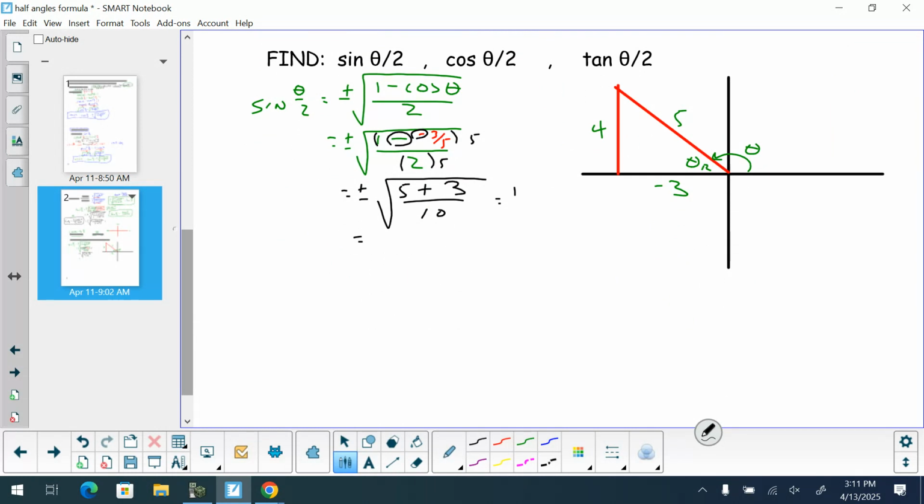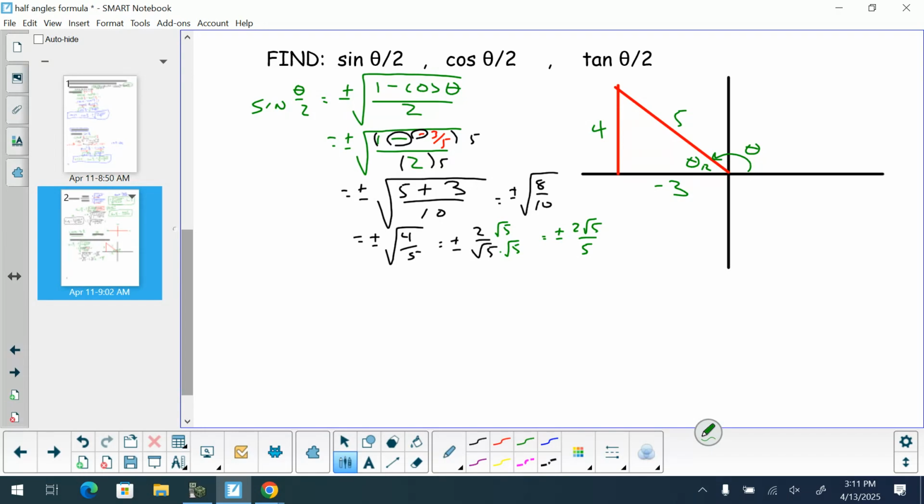Which is plus or minus square root of 8 over 10. Which is plus or minus square root of 4 over 5. Which is plus or minus 2 over square root of 5. Once again, we can rationalize this by multiplying top and bottom by square root of 5. So we're left with plus or minus 2 square root of 5 over the value of 5.